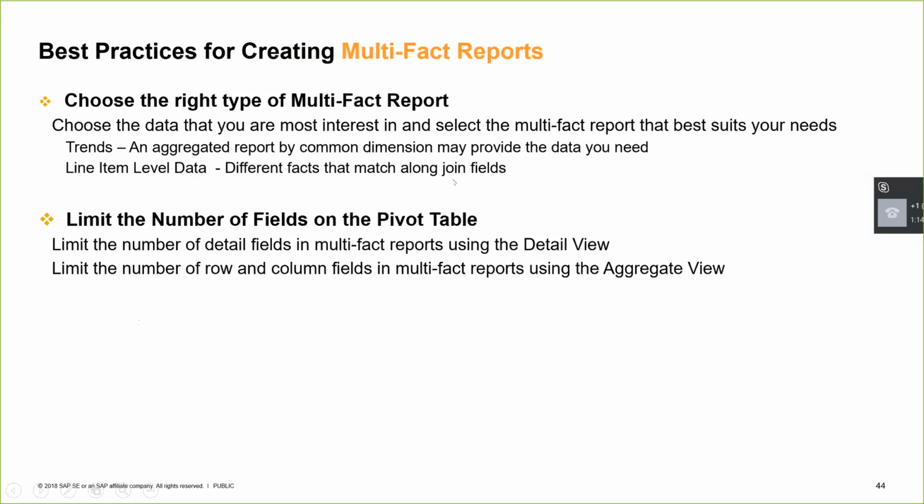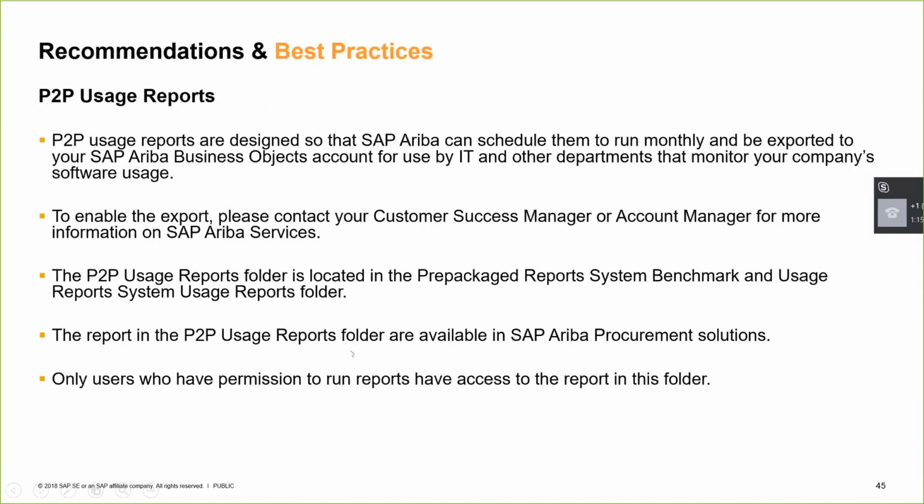Use those documents that I'm going to send you as a reference to understand the join fields better. And limit the number of fields on the pivot table for multi-fact reports, using the detail view or the aggregate view. You can limit the number of row and column fields.